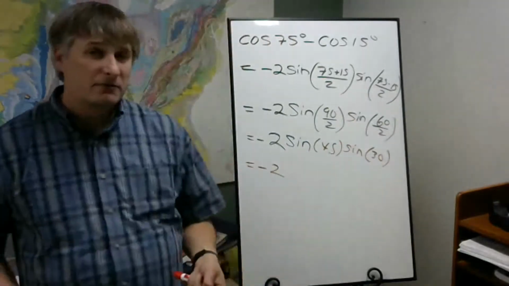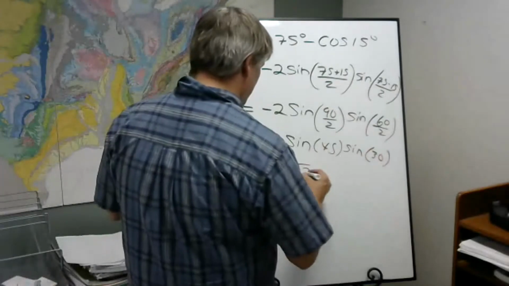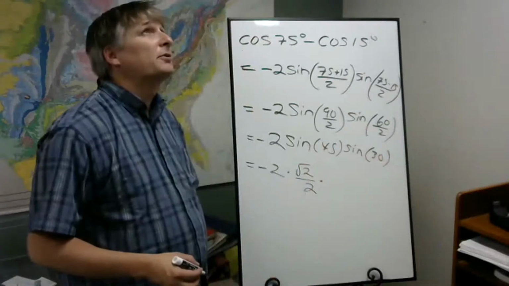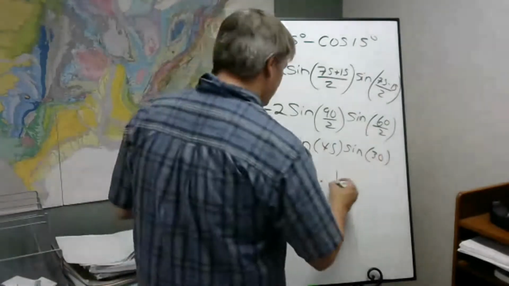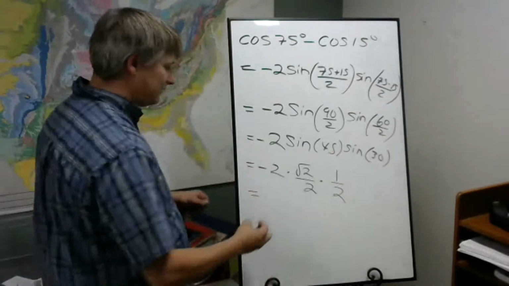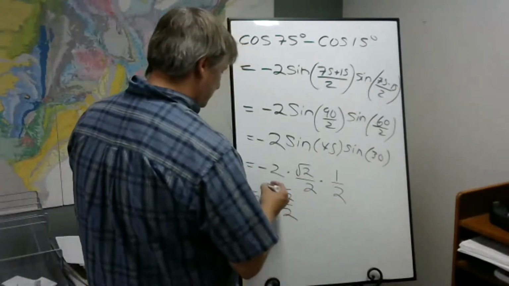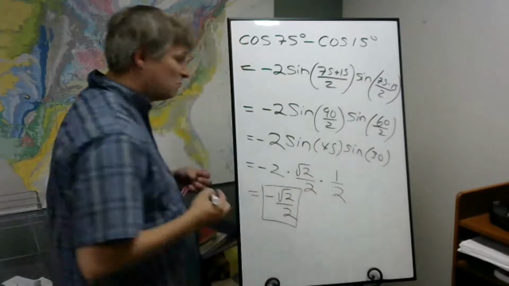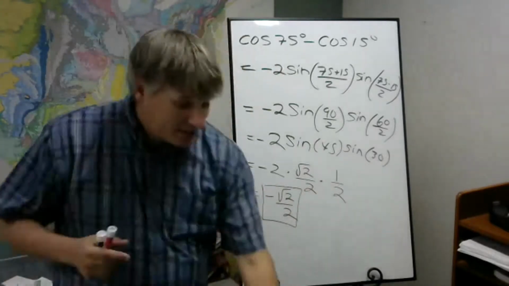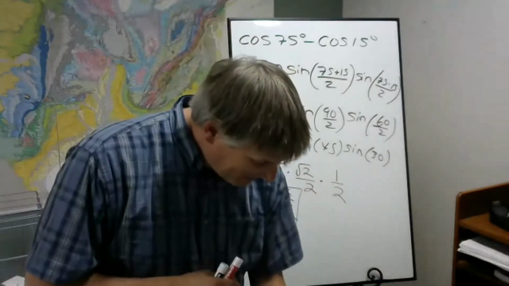Now sine of 45 degrees is rad 2 over 2. Sine of 30 degrees is 1/2. And so what we're going to get, when you multiply those together, is negative rad 2 over 2. So okay, that's right. No questions, but all right.